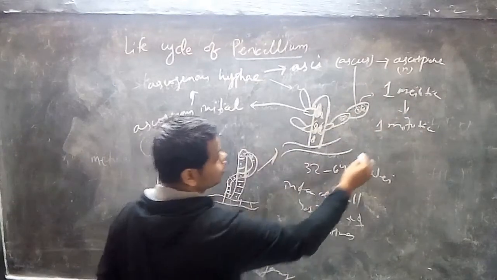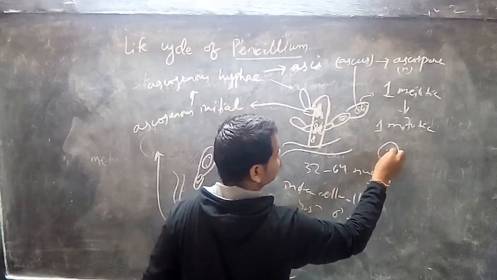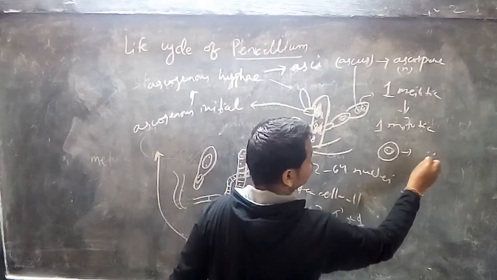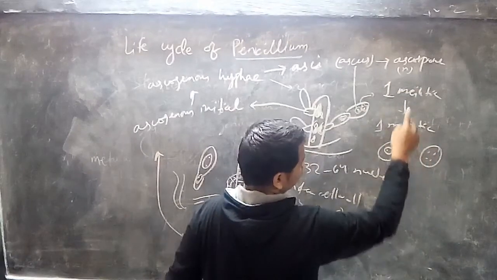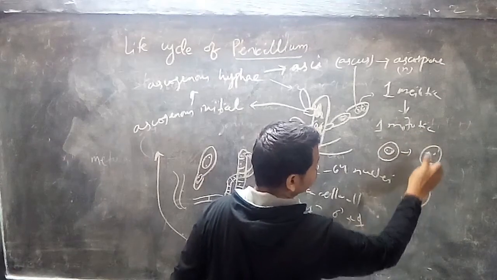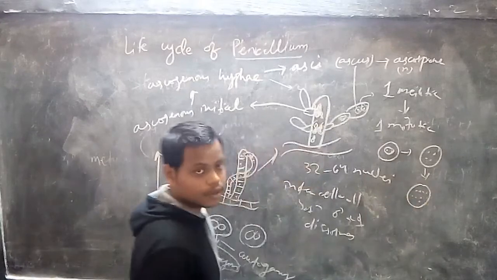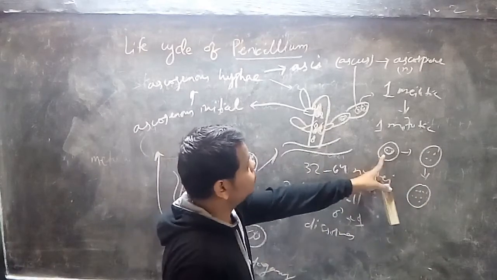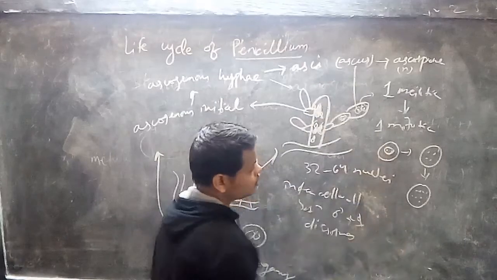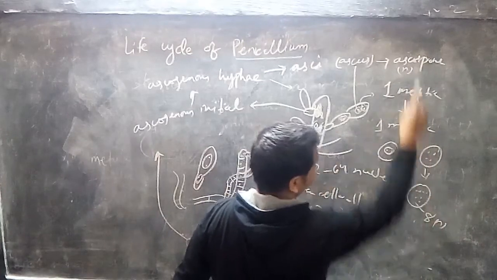See, suppose this is one ascus having a diploid nucleus. It undergoes the first meiotic division, in which 4 nuclei are formed. Then one mitotic division gives 8 nuclei: 1, 2, 3, 4, 5, 6, 7, 8. So from one diploid ascus, 8 haploid ascospores are produced.